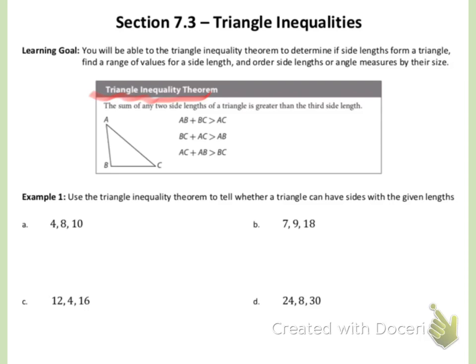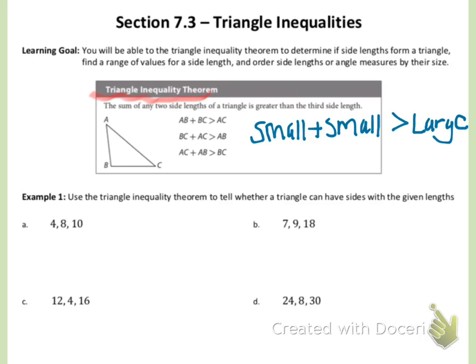We also found a shortcut to figure out, if we have three side lengths, whether they will make a triangle. What we had to do was take the two smaller ones. So we took the sum of the two small. This might be a good idea to add to your notes here. Plus the small. So the two smaller have to be greater than the large side.